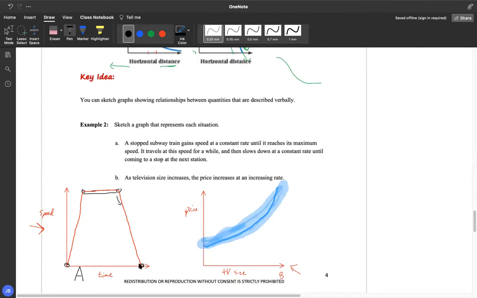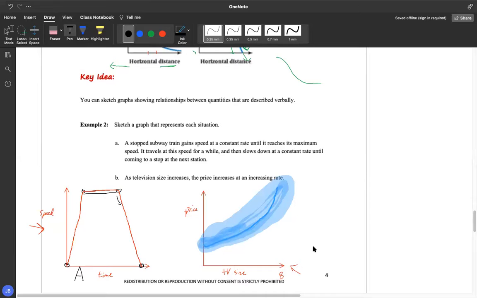Great job, Julia. All right, Elena, you want to walk us through yours? So basically my line is kind of in the middle, and it's increasing because it says as television size increases, the price increases at an increasing rate.